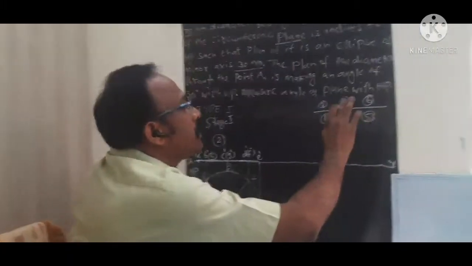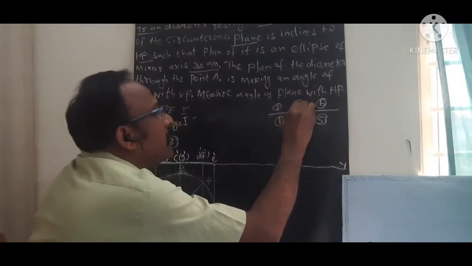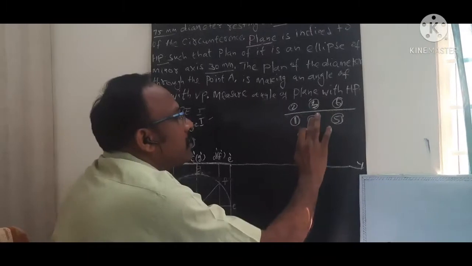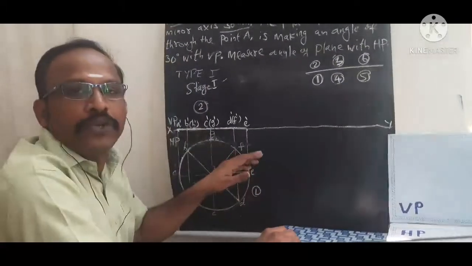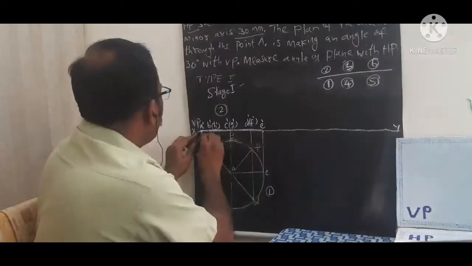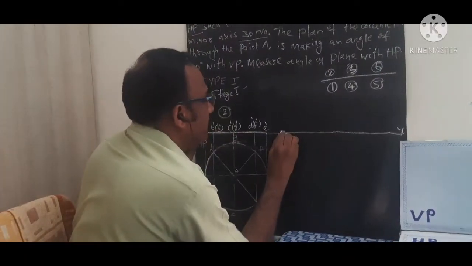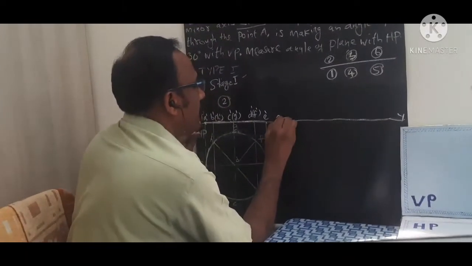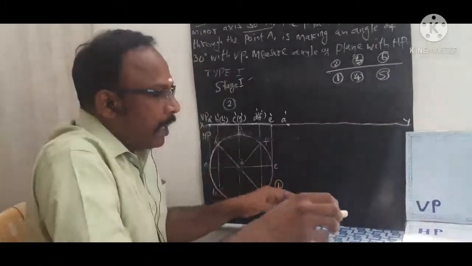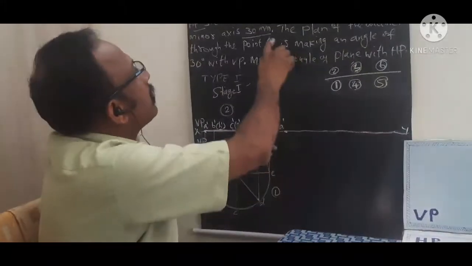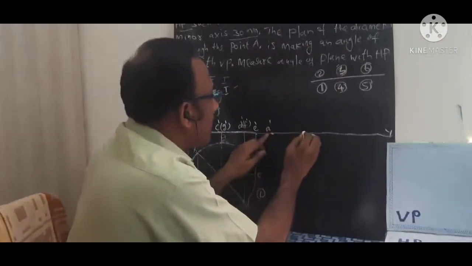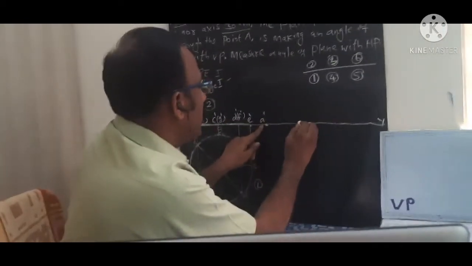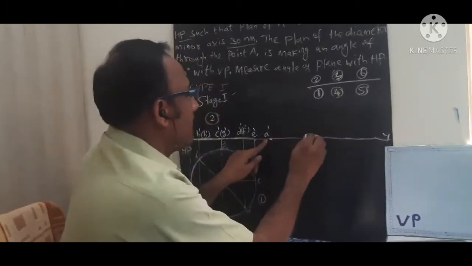So we need to draw step number 3, and this is step number 4 for this particular problem. For which I will take this point a dash here. This is my a dash point, and because the minor axis is given as 30 mm, from this particular point I will keep a distance of 30 millimeter like this.